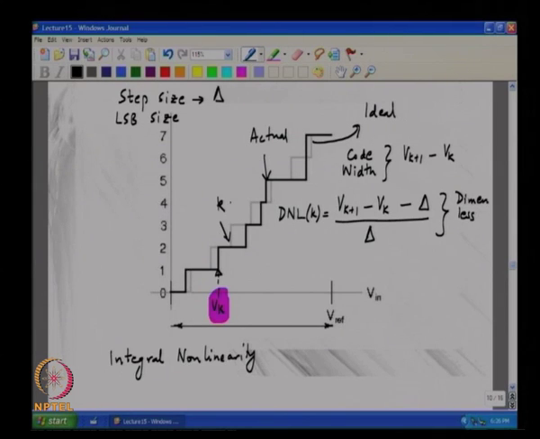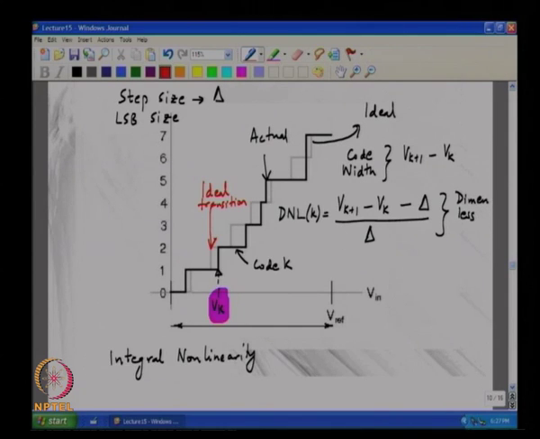So, this is Vk, this is code k, this is the ideal transition, but Vk is the actual transition, right.